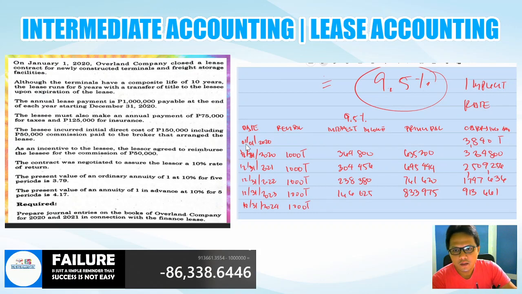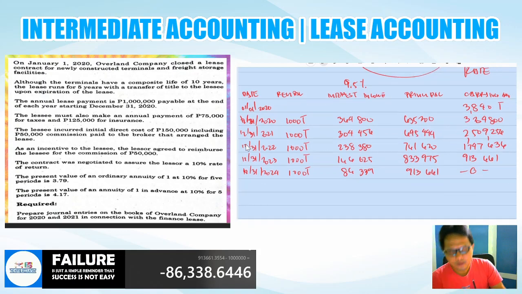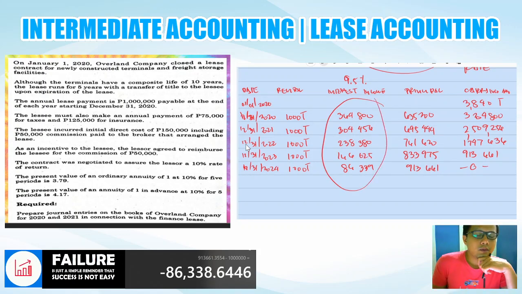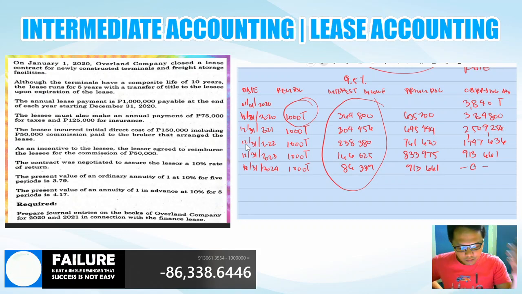So that is 86,339. Then that is 913,661. So 0. So that is your amortization schedule. Again, this is what's important for us to recognize the interest income because ultimately, this 1 million rental collection is debited to cash, credited to lease receivable.